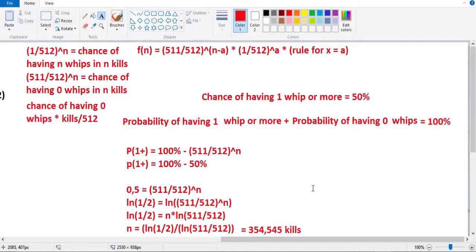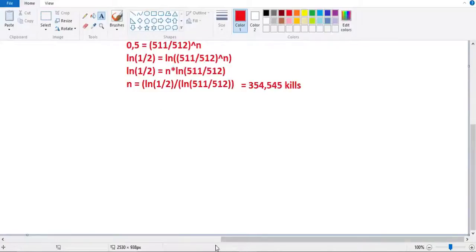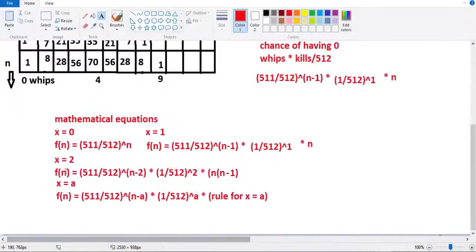This is very simple. I could have made this video a lot shorter, but I also wanted to talk about the probability of having multiple whips, which for 2 we have right here. If you want the probability of having 2 whips, oh, even better.